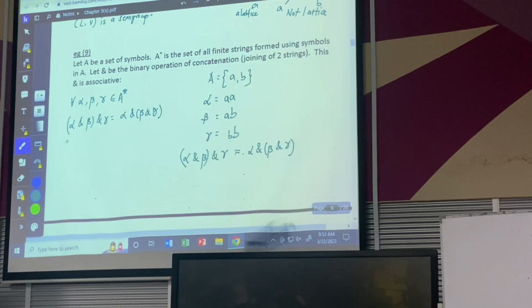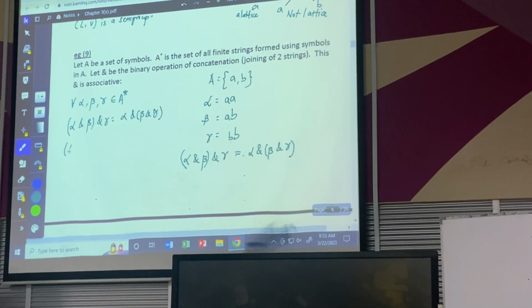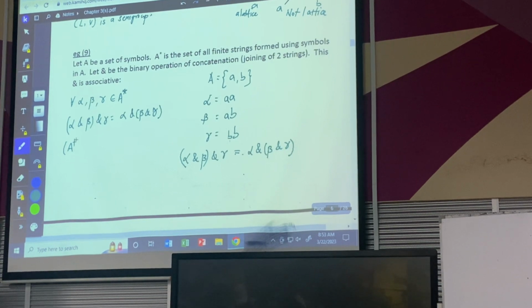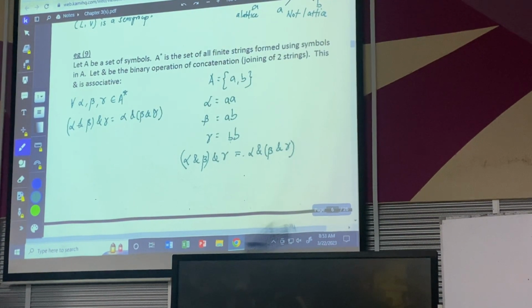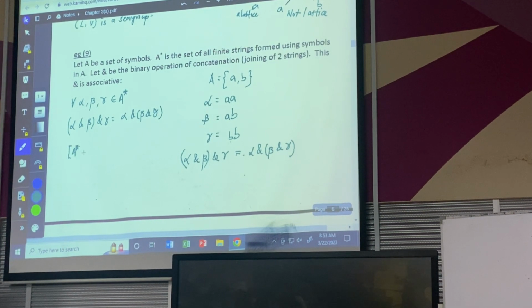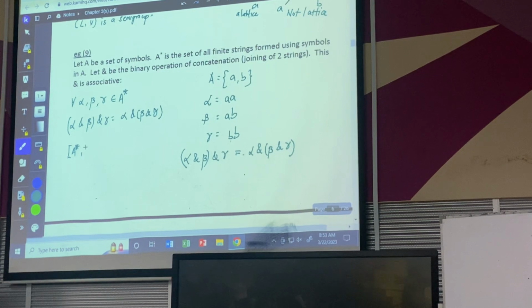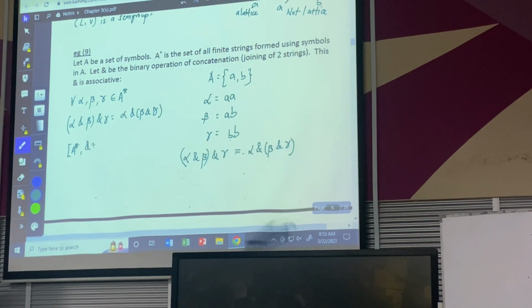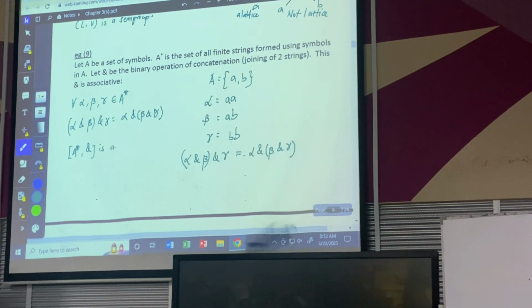So we can conclude that the set A as string, which is a string with the operator of joining of the string, is a semigroup.